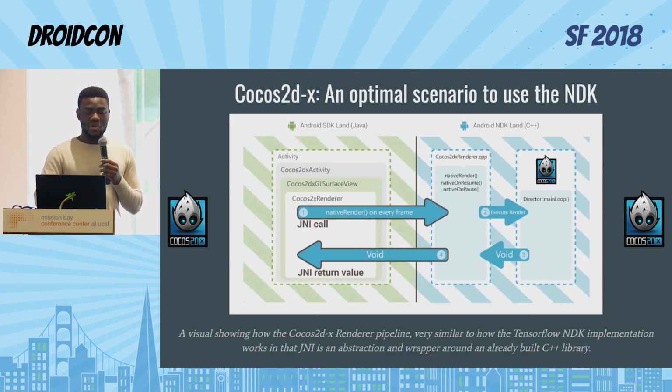So the model is almost exactly the same, where the renderer says native render on every frame. It goes in and calls the native render and executes a render, and then it calls main loop, right? And there's no returns in this case, but this is a perfect example of rendering every single frame and executing on the C++ side, where it's more efficient and it's better, because while you could do this in Java, first, you lose cross-platform, so you wouldn't be able to run this on iOS, obviously, if it was in Java.